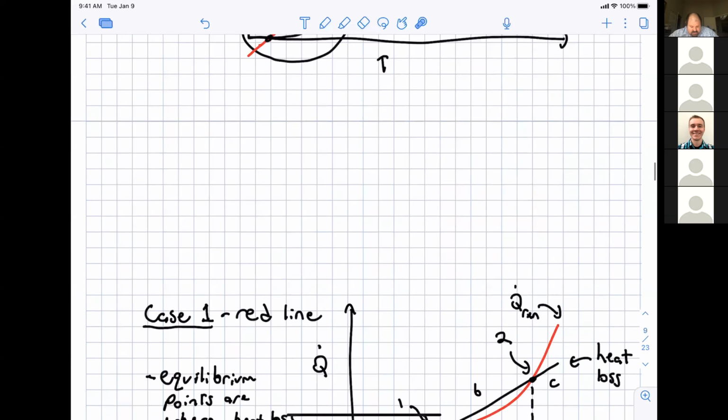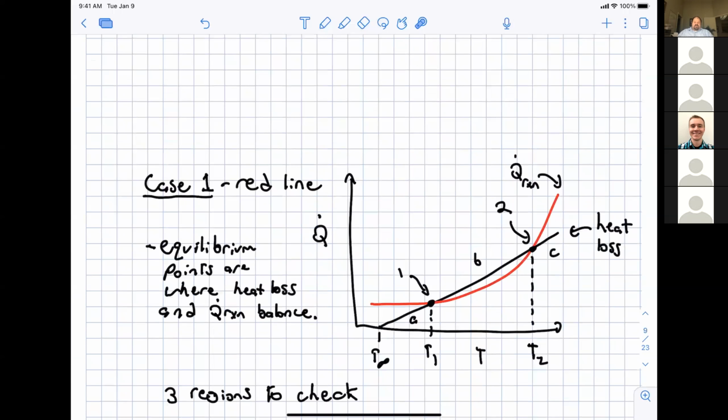Okay, so we'll do case 1, which was the red line in the previous curve. So basically, we had the convective heat loss curve, and if we assume that the convective heat transfer coefficient is constant, then it's basically a perfectly straight line given by Newton's law of cooling, and qualitatively the Q dot, or the heat gained by chemical reaction or burning of the material, is given by this curve here.